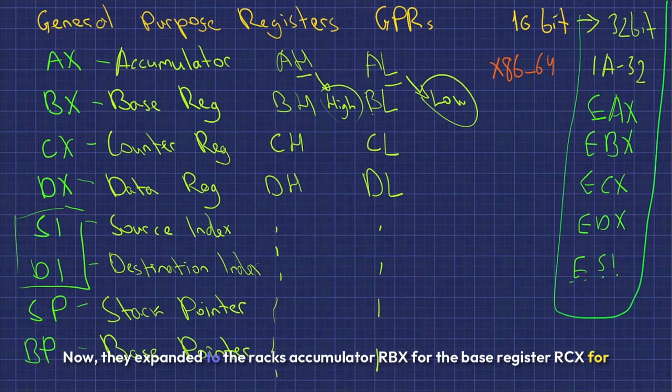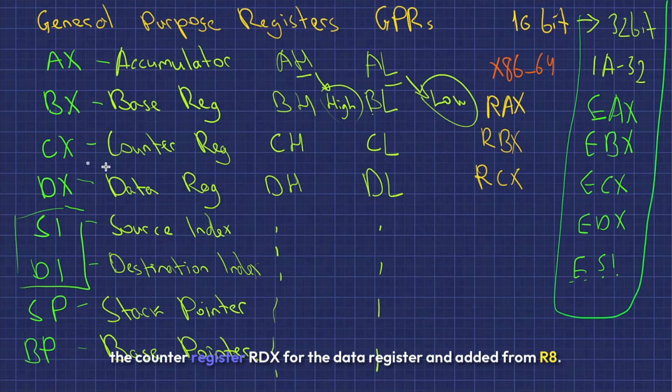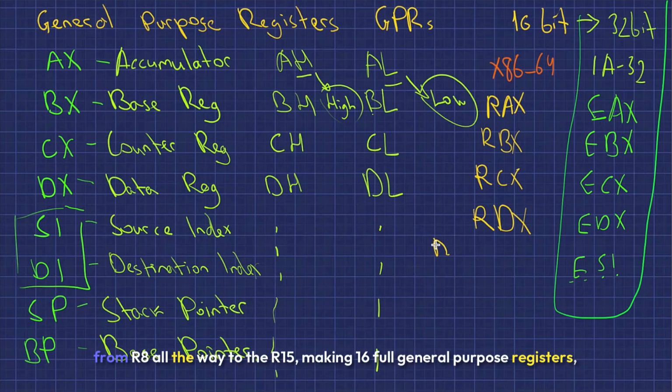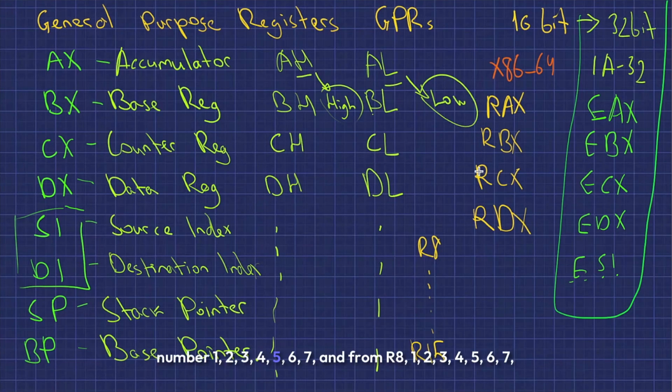They expanded to RAX, the accumulator, RBX for the base register, RCX for the counter register, RDX for the data register, and added R8 all the way to R15, making 16 full general purpose registers.